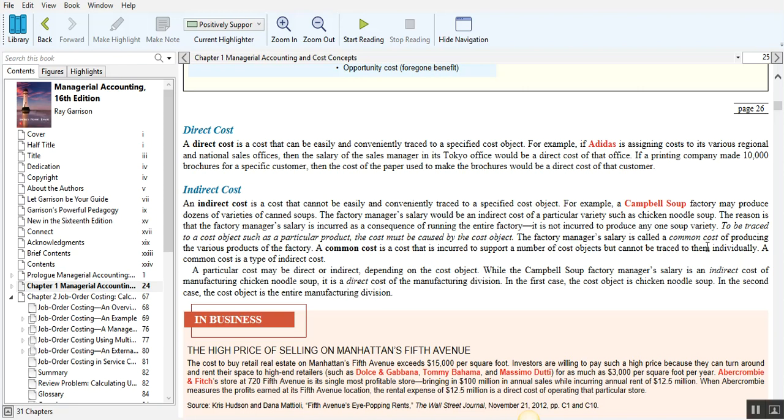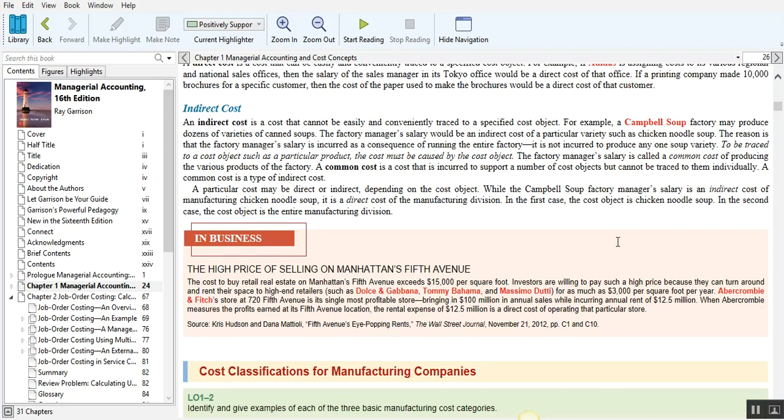So, for example, the factory manager's salary is a common cost for producing all of the products in the factory. That's going to be an indirect cost. So it's common to a number of different cost objects or products, but it's not directly traceable.